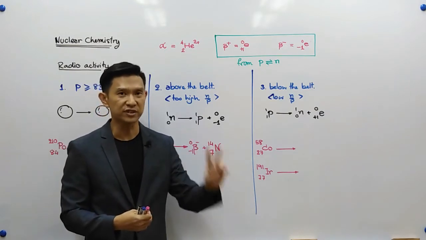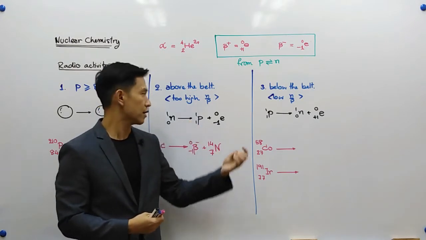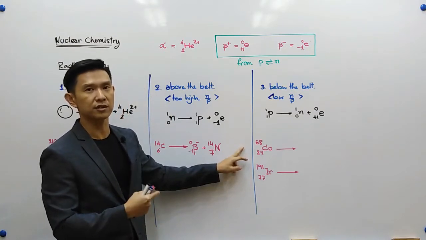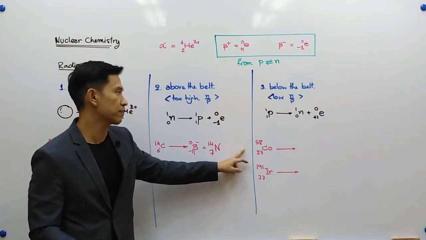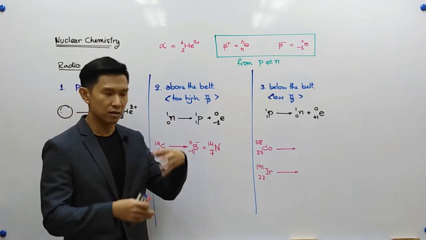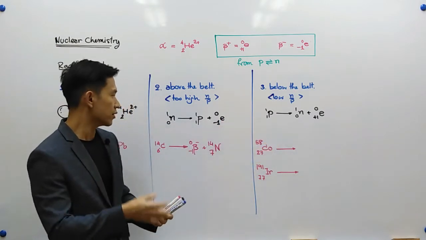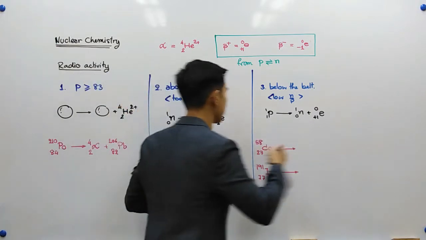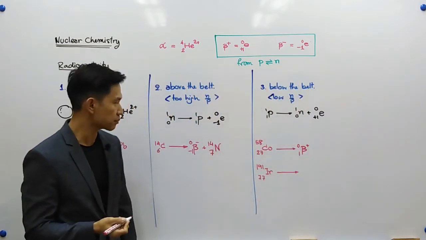59 is stable, so if 60 is not stable, it's because you have an extra neutron. 58, if it's not stable, it is because you have fewer neutrons than the stable isotope. So what you have to do is produce more neutrons by transforming a proton to a neutron. If the proton is transformed to a neutron, you release the beta plus, or positron.